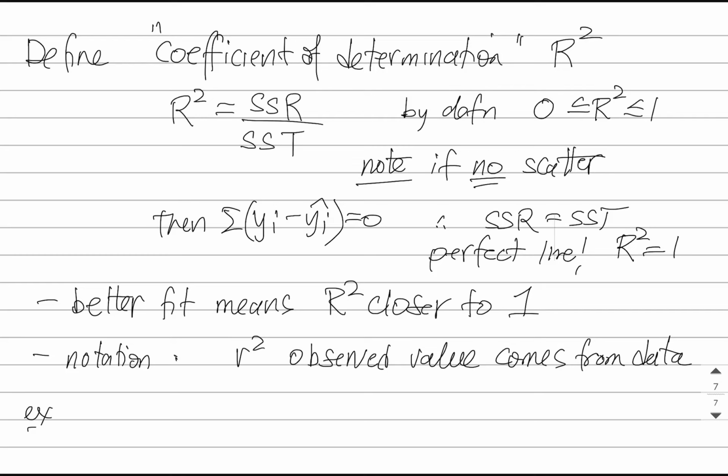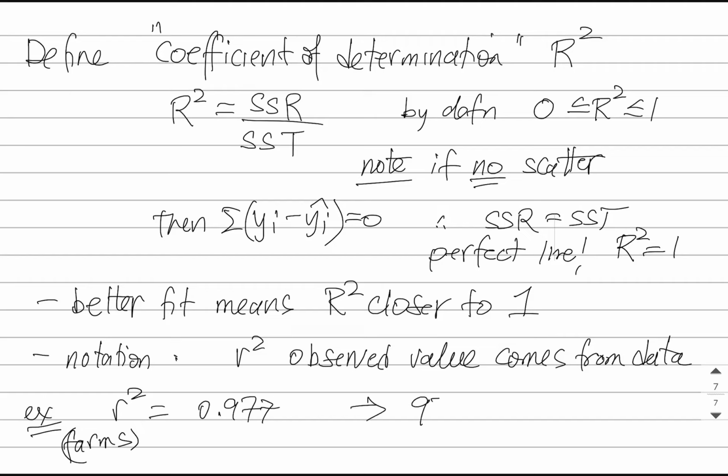Now, your calculator, or R, is going to be able to calculate this. And in fact, that's the only way that we're going to go about doing this. You can show that in the farms example, this R squared is 0.977.